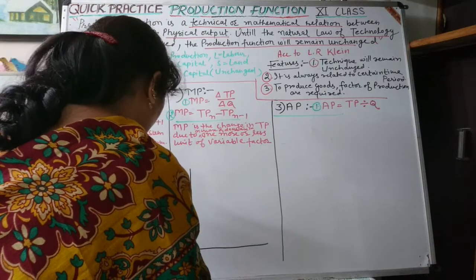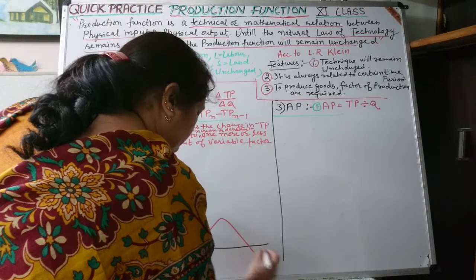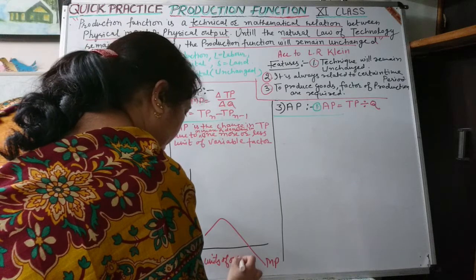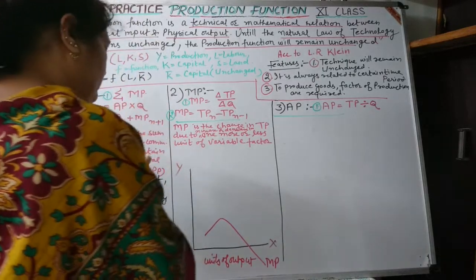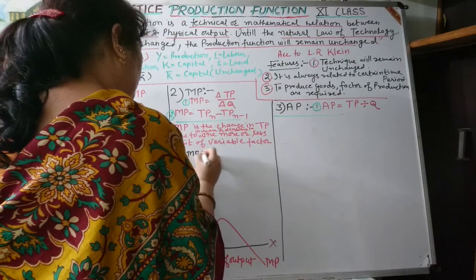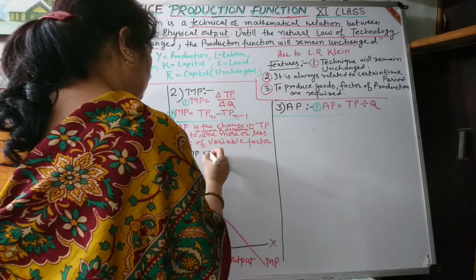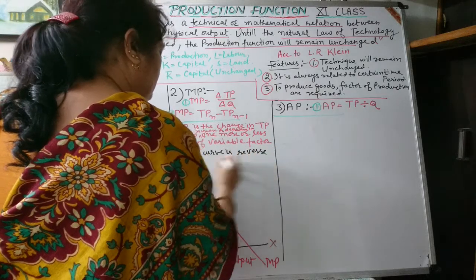Marginal production curve is reverse U-shaped.